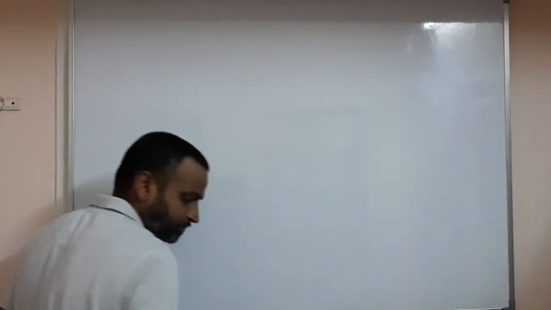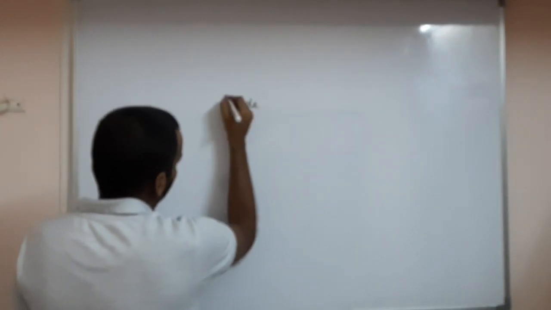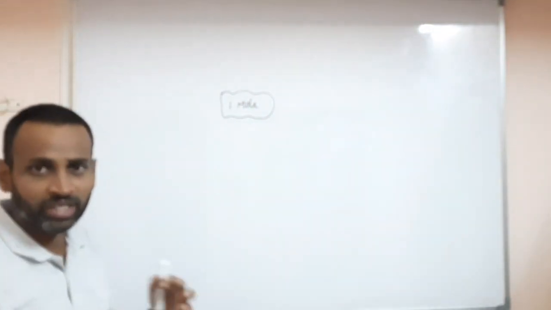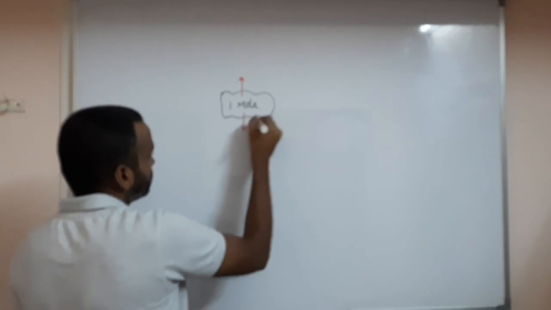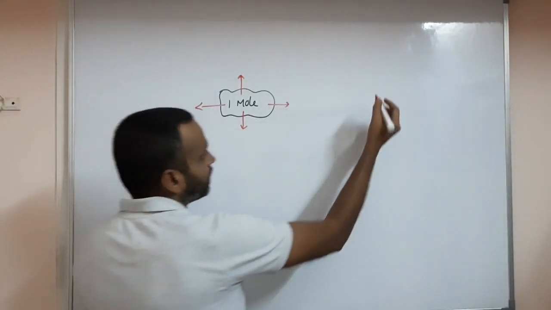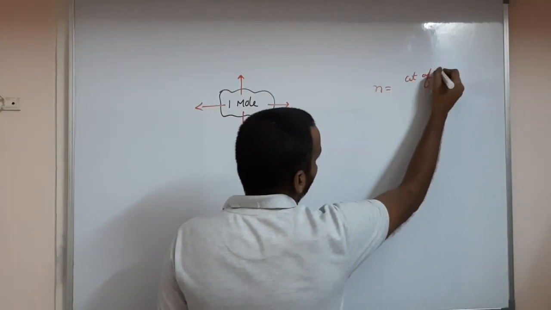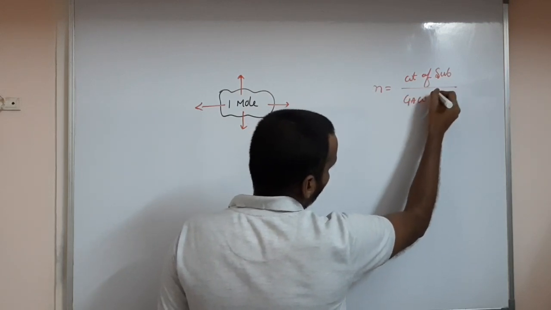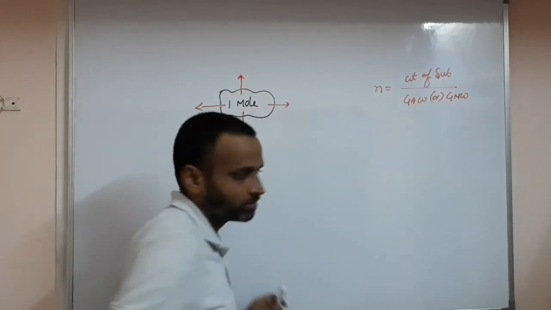So simply, as I said, why we use mole. So 1 mole means how much. This is a quantity representation of a chemical substance. Actually, number of moles has a formula. What is that? Weight of substance by gram atomic weight or else gram molecular weight.